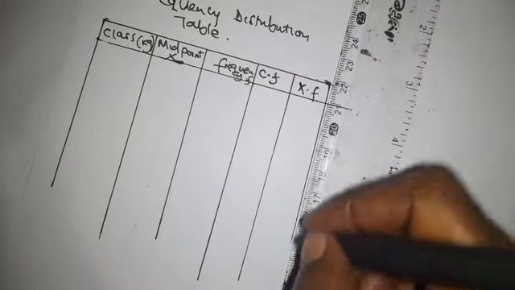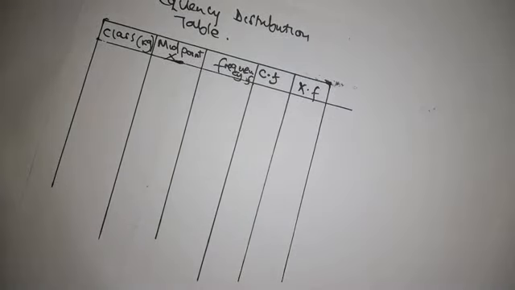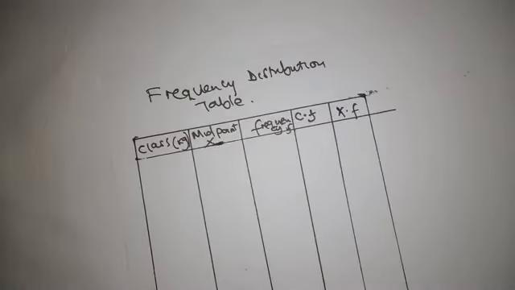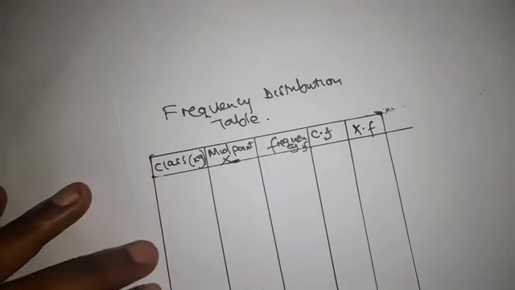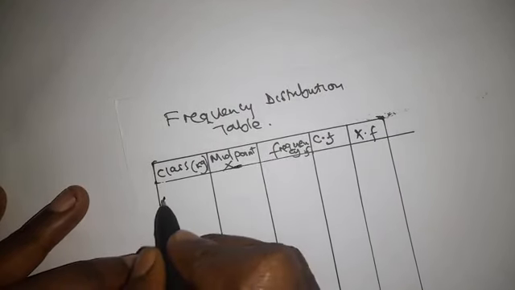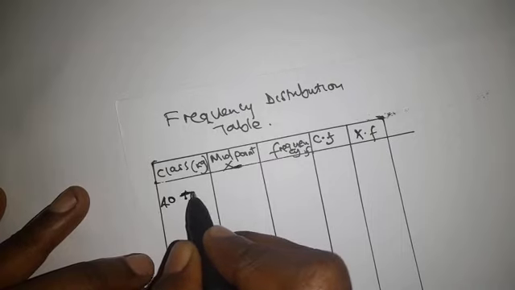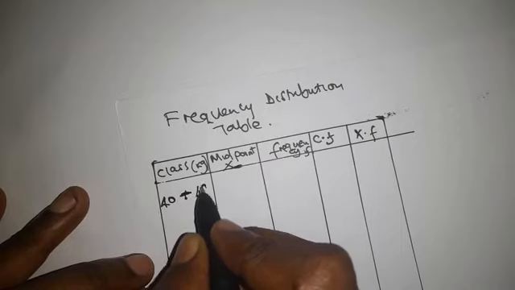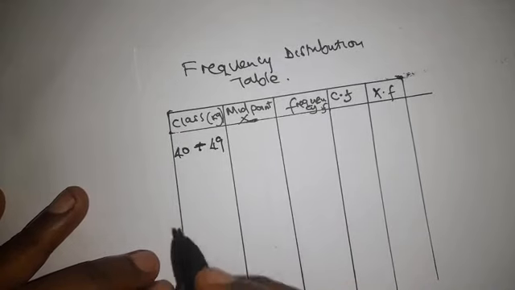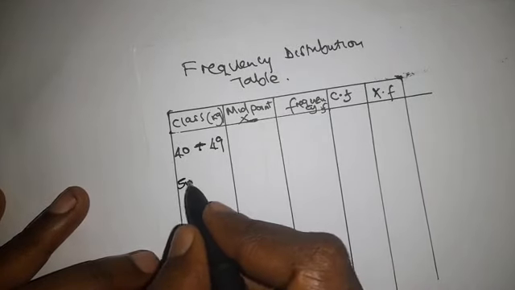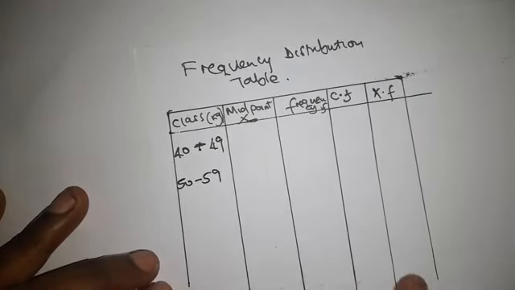So now let's fill. The first one is the classes. The first class here is 40 to 49. The second class is 50 to 59.